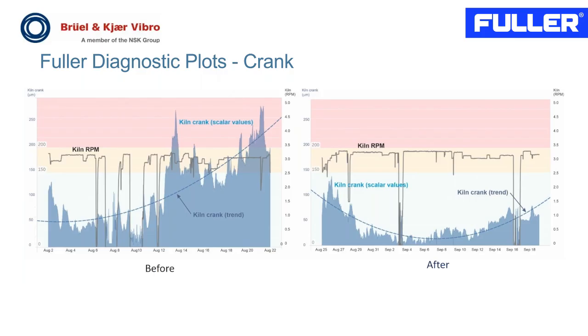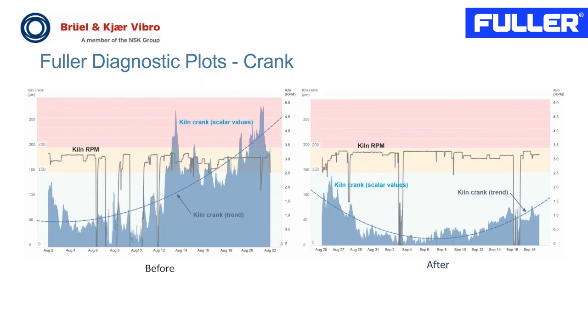In this particular case, we see that the Kiln Crank value is somewhat fluctuating, but there's a clear pattern that it is also increasing over time. So in this case, we identified an increasing Kiln Crank and reached out to the customer.